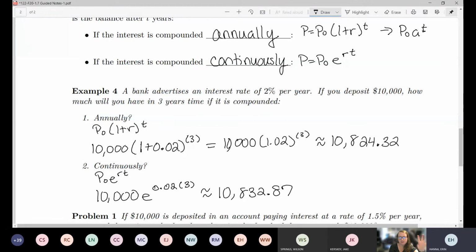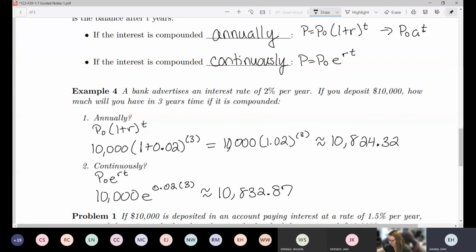So if you were ever to have a choice of continuous interest, you would always want to choose it because the more often it accrues the interest, the better it is. Once you add on a little bit of interest, your next interest is going to be slightly bigger because you have just the tiniest bit extra money in there. So the more times it compounds, the better. It doesn't really show up for low values.